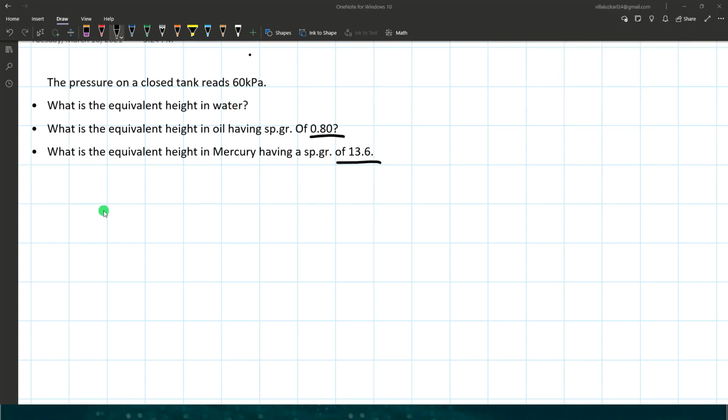So the pressure head is equal to the pressure divided by the unit weight of the liquid.